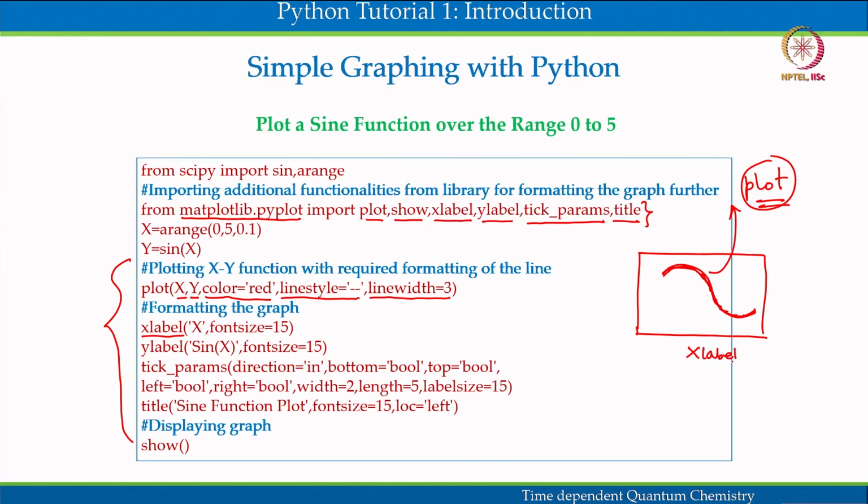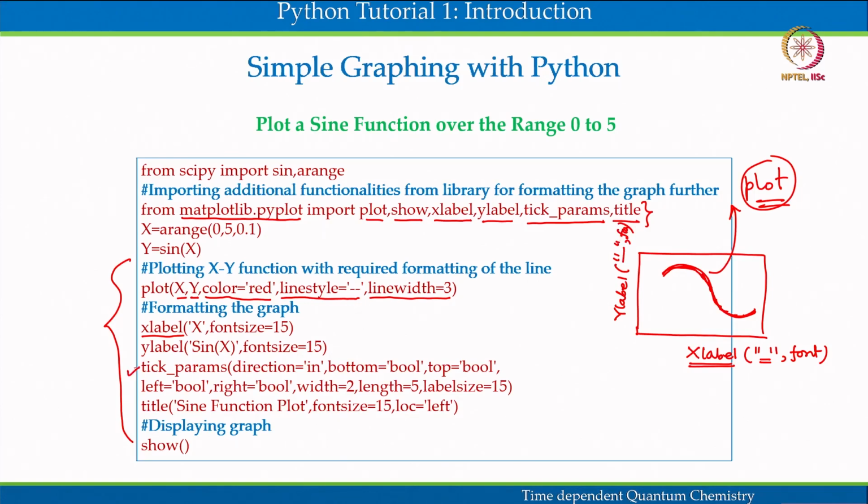And in the x level, within quote, I will write down the string which will be written here and associated font size. That's the way x level will be defined. Y level will be defined like this way here, y level. Similarly, I have a text specifying the y level and font. These are the x level and y level.